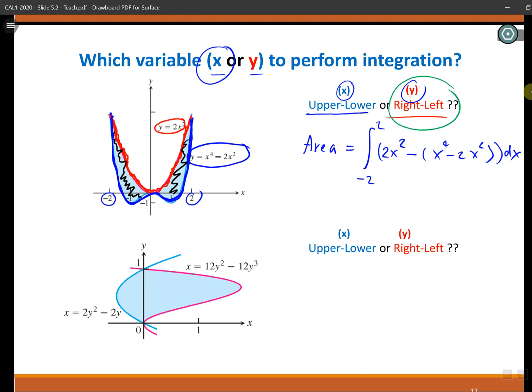So let's take a look at the first section of this region. Here you can see that this is the left boundary. And this is the right boundary. This is getting quite long, right? The green line is the right boundary. What about the left? It's going to be this.